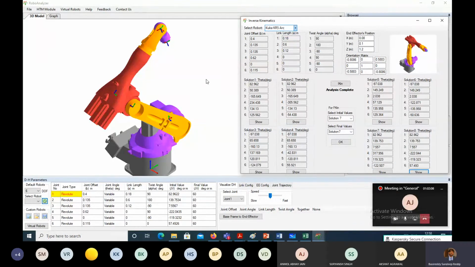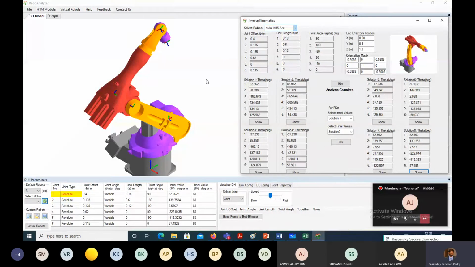Which solutions to prefer depends on your task. For gripping, maybe one kind of solution is better. For drilling, some other kind may be better. It depends on what you're putting at the end effector. That is one criterion.